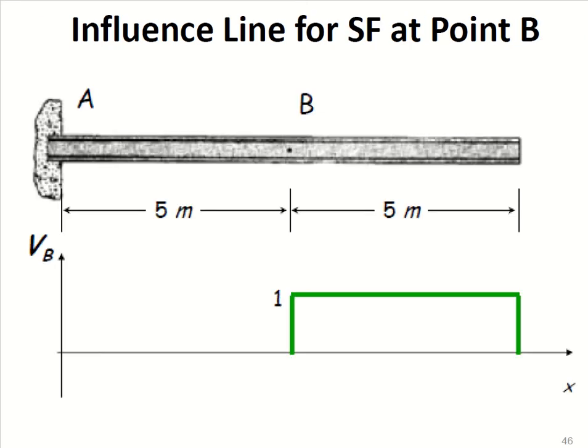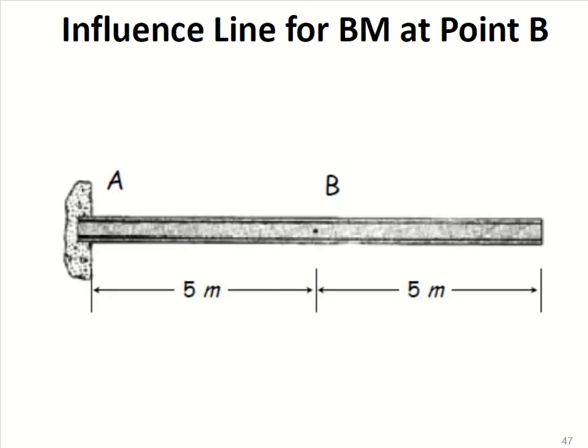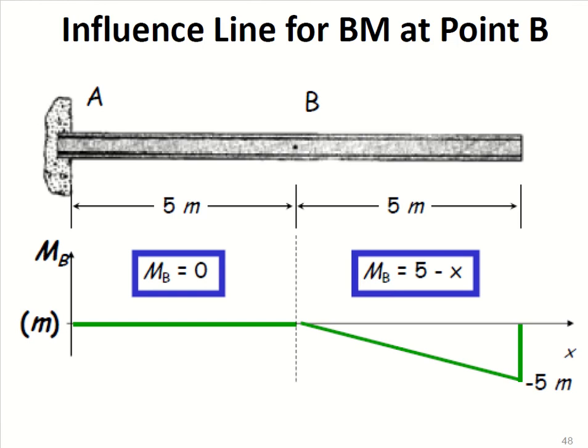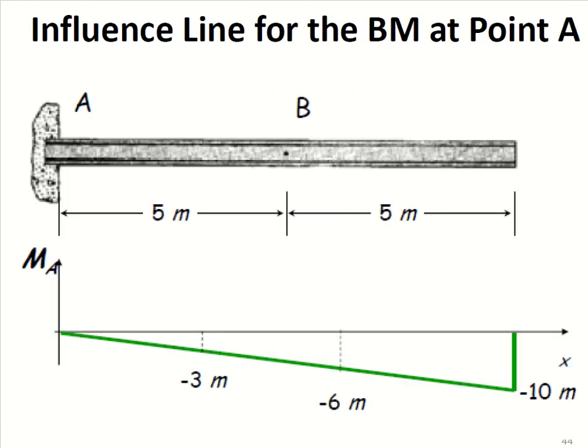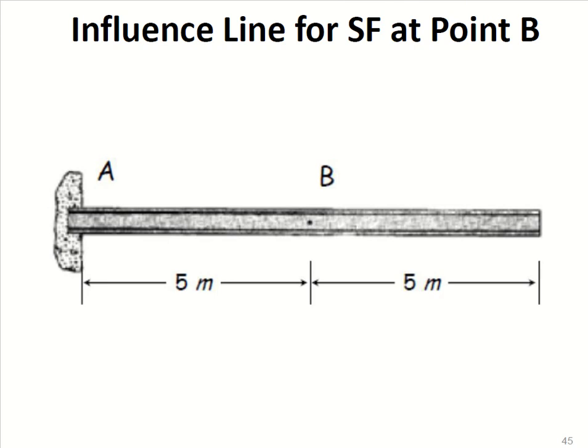And similarly for the shear force, when you apply a point load at this point, the shear force diagram will be like this one. So all these were for point A, and this is for point B, right?